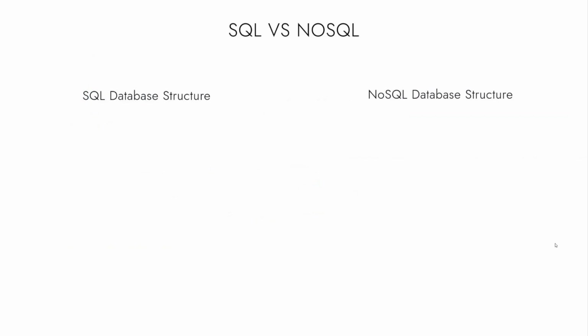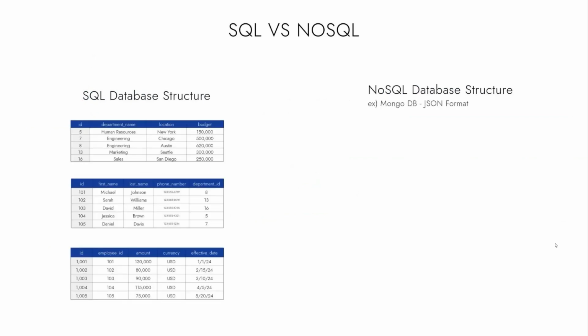All right, SQL versus non-SQL. An important point is that a SQL database structure is all relational, meaning you can connect everything together. So in this case, ID to department ID to employee ID to ID.